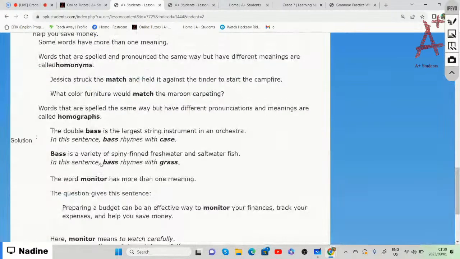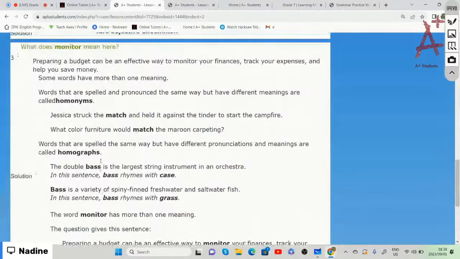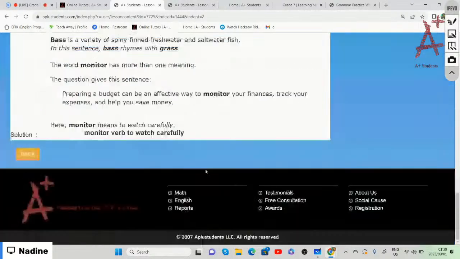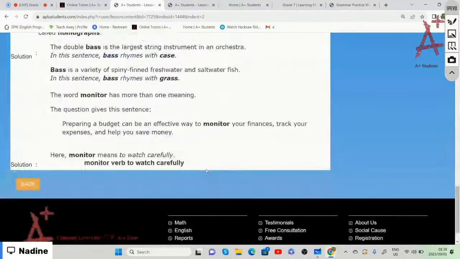They say preparing a budget can be an effective way to monitor your finances, track your expenses, and help you save money. That is monitor. It is to do with seeing, right?